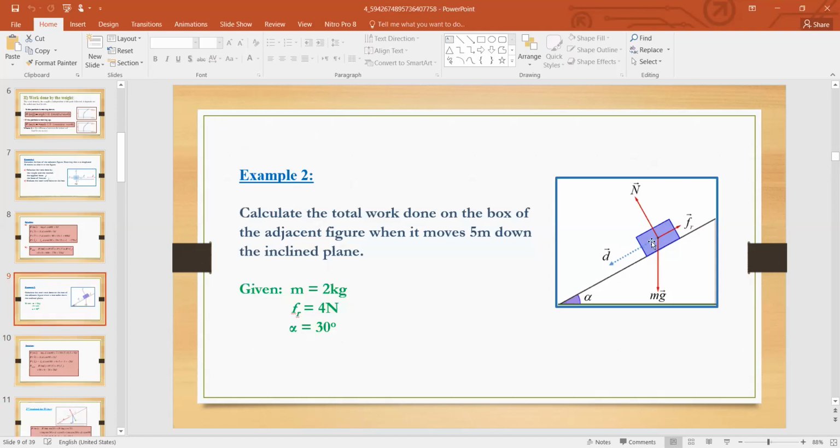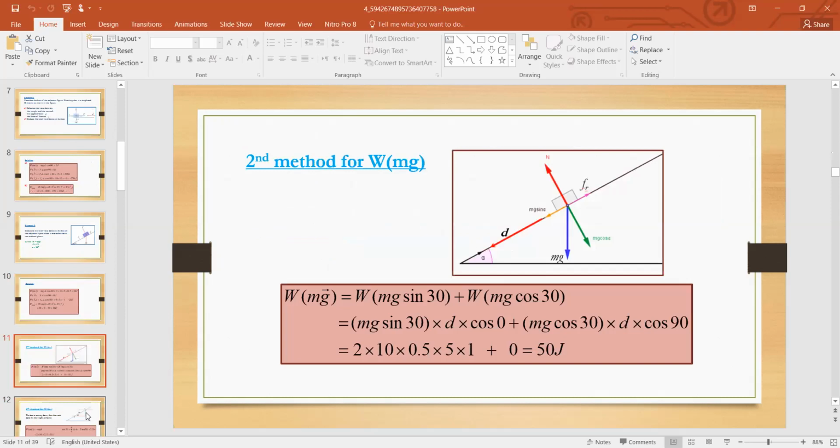We have a distance of 5 meters. We can calculate it, of course, in this case. Second method: work done by mg is the work done by its components, mg sine alpha and mg cosine alpha, as we said before.